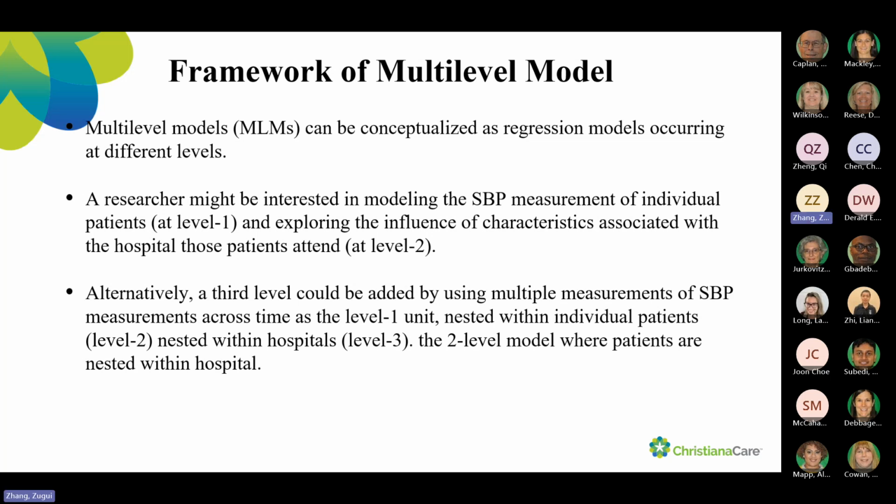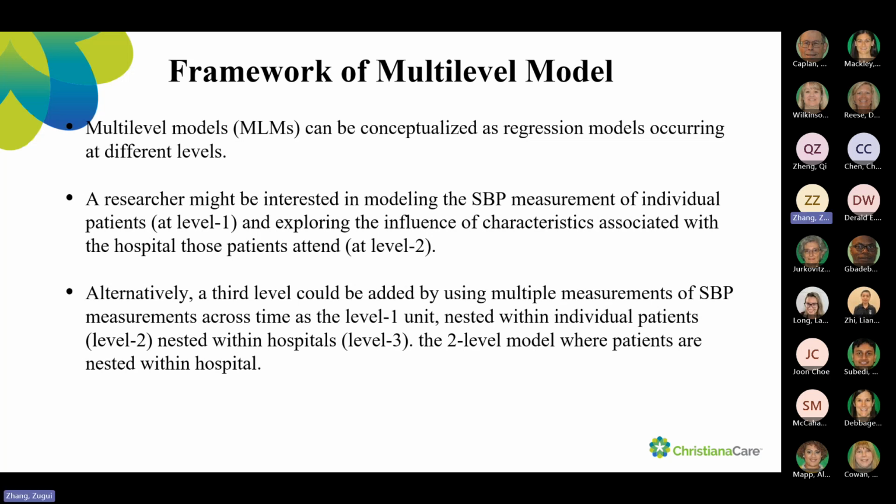A researcher might be interested in modeling systolic blood pressure measured on individual patients. That can be considered level 1. And then exploring the influence of characteristics associated with either physicians, clinics, or hospitals those patients attend.